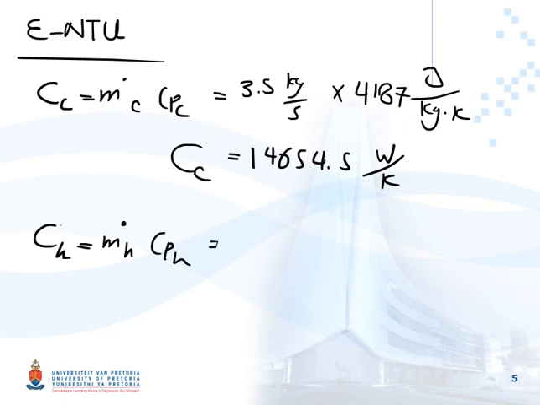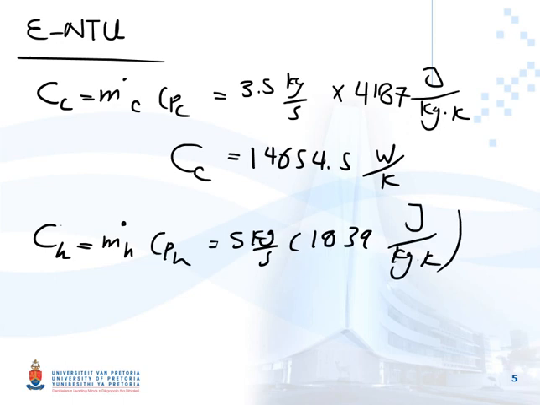We just put in the numbers that we have. But as you can see so far, we didn't have to compute any inputs, all of those numbers were given, so it was very simple for us. If I calculate, the answer will be 9,195 watt per Kelvin.